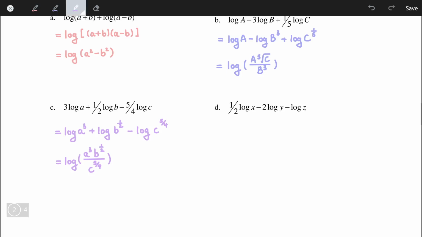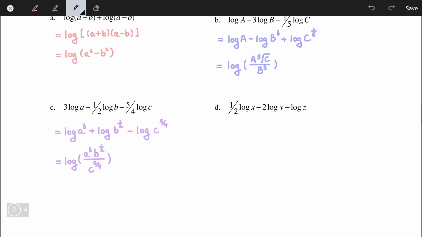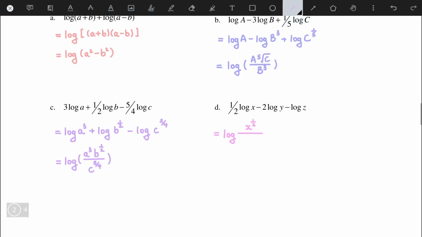And one more. So last one, same kind of idea. Once everything has been moved, notice that only x to the 1/2 power will remain in the numerator, and the denominator will contain both y squared and also the z.